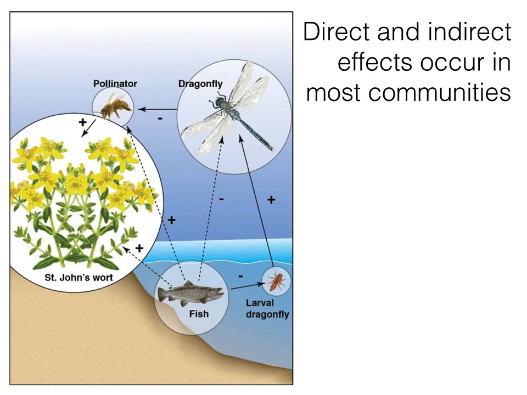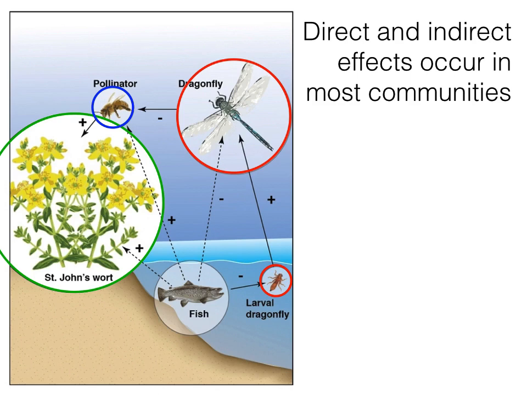What she and her colleagues did was they measured and compared abundances of both larval and adult dragonflies in and around 4 ponds that had been stocked with fish and 4 ponds that lacked fish. They also quantified abundances of pollinators, like this bee shown here, and seed production of nearby plants. The example shown here is St. John's wort, a plant that occurred in the vicinity of these ponds.